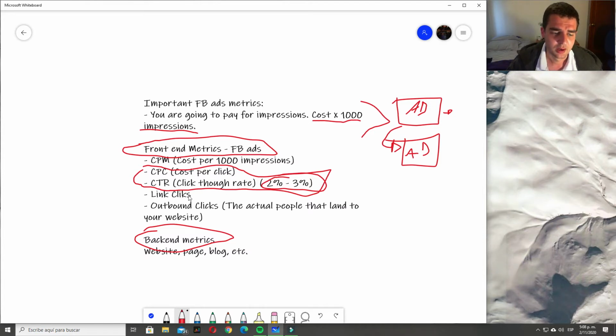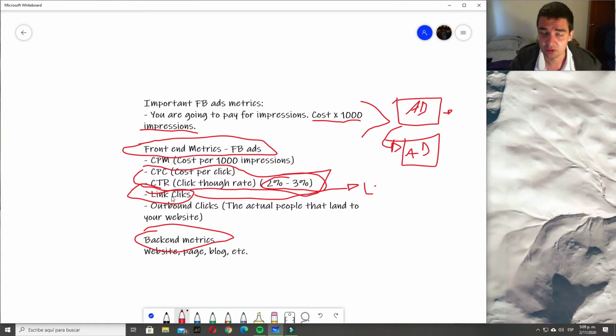Now, another metric you need to have is link clicks. How does this work? Link clicks is how many people clicked on the ad and actually clicked on the link. Because you may ask, hey, aren't all the clicks going to the link? Not necessarily. If, for example, you have a video ad, some clicks may be for playing the video.